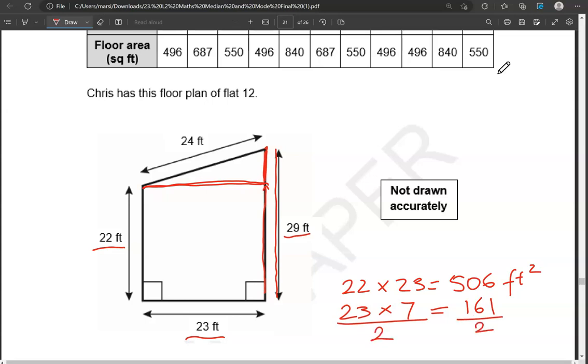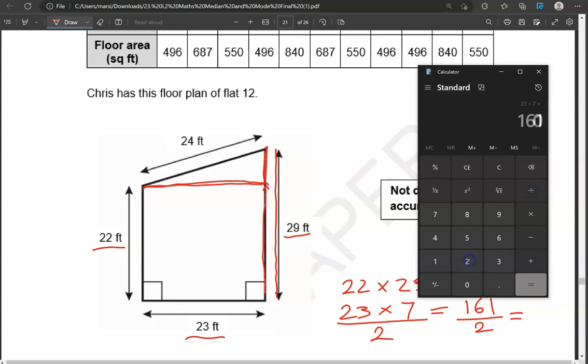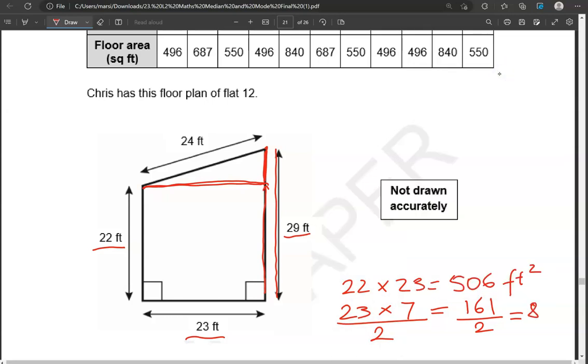So 161 divided by 2 gives us 80.5 square feet.